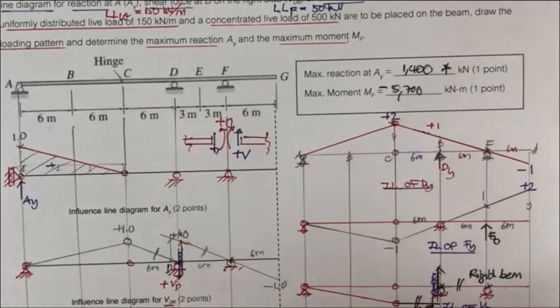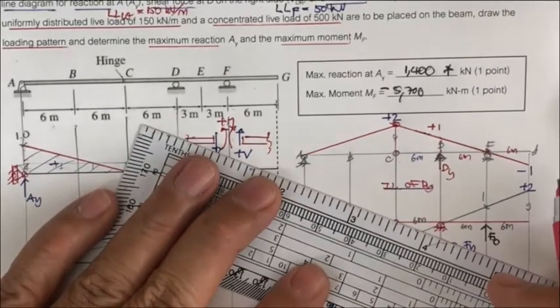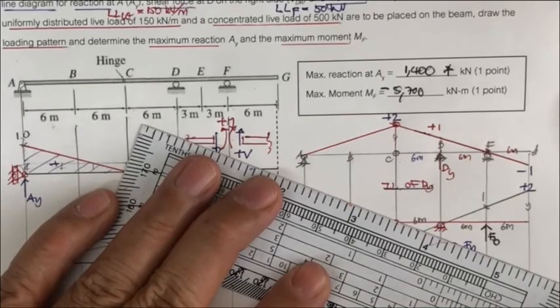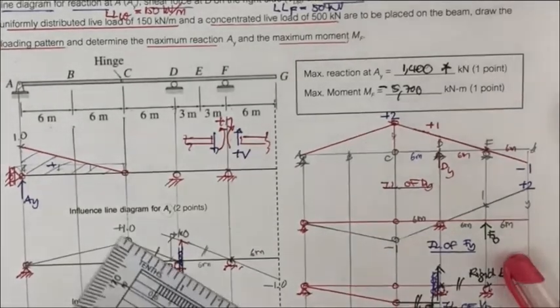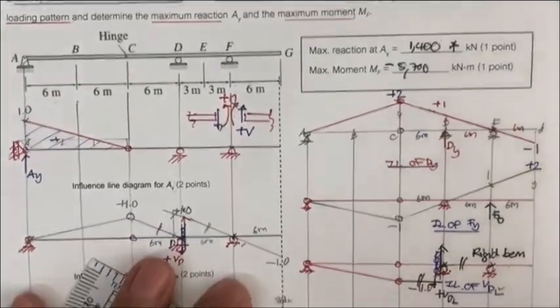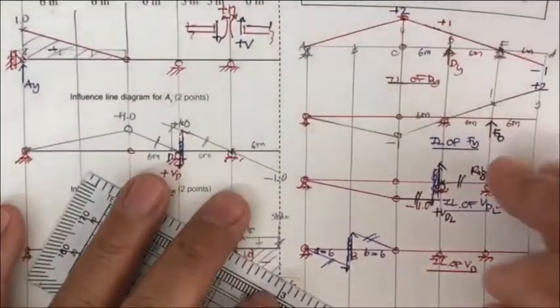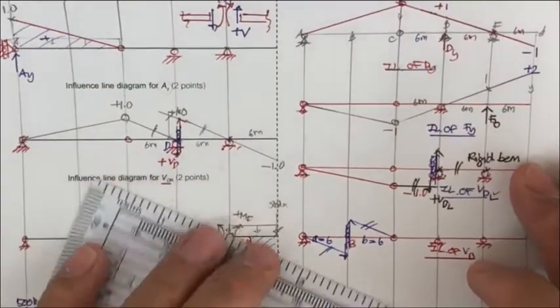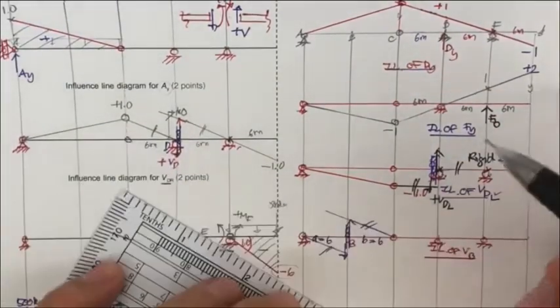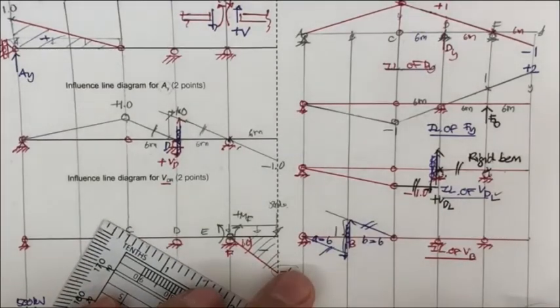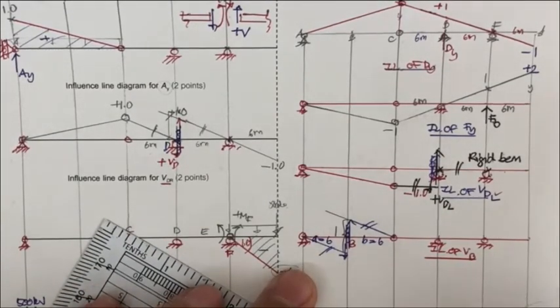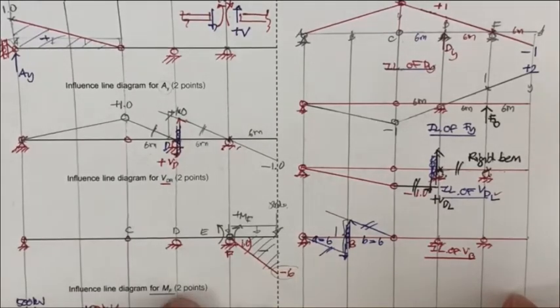This one moves downward and this one moves upward, and they are going to be in parallel with the maximum relative displacement of 1. That's going to be the influence line of V sub B.